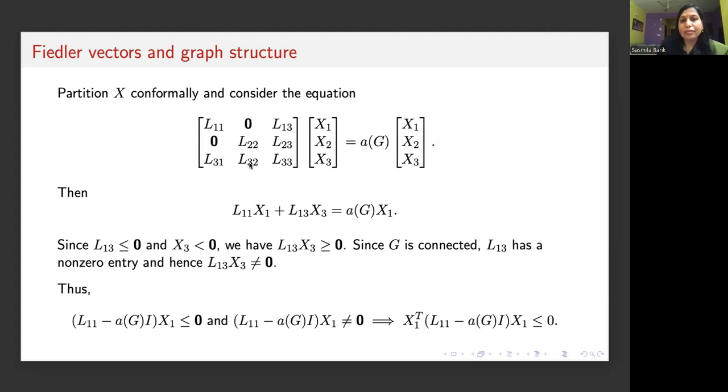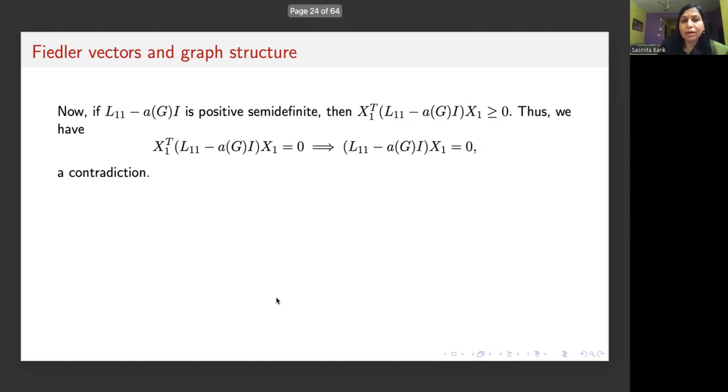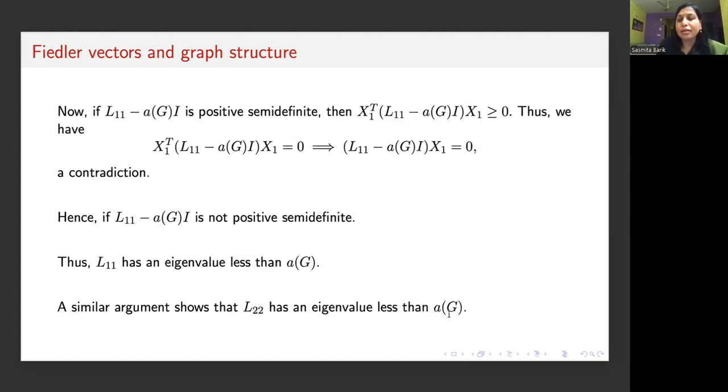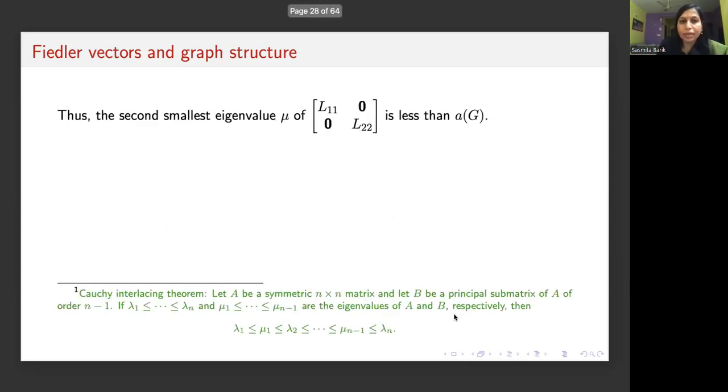I can take this equation and conclude that L22 also has one eigenvalue that is less than the algebraic connectivity of G. So both L11 and L22 have one eigenvalue less than the algebraic connectivity of G. In that case, if I consider the diagonal matrix with blocks L11, L22, and 0, this matrix must have its second smallest eigenvalue mu less than AG, because L11 has one eigenvalue less than AG and L22 has one eigenvalue less than AG.